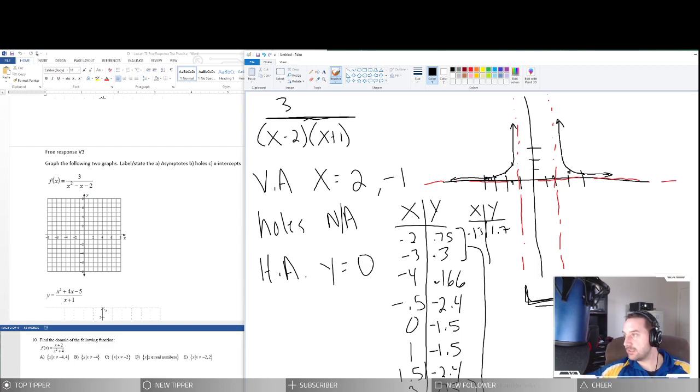So I have that. Now graphing the in-between stuff. Negative 0.5, we said, was negative 2.4, so it's about right here. At 0, it was negative 1.5. At 1, it was negative 1.5. And then at 1.5, it was negative 2.4. Okay, so it looks like it does a loop thing. It's going to come up, cross, and then go back down. And so that would be my graph.